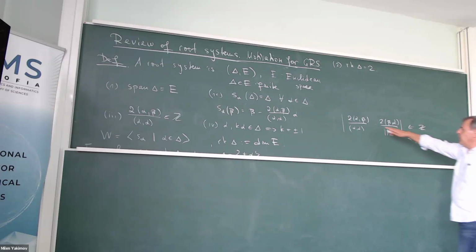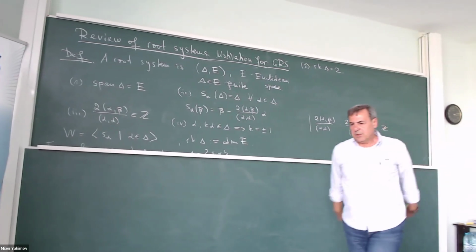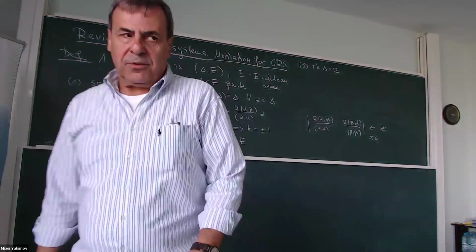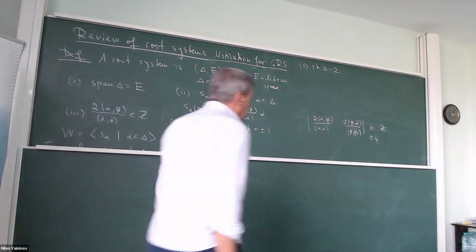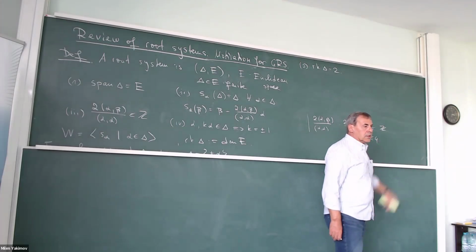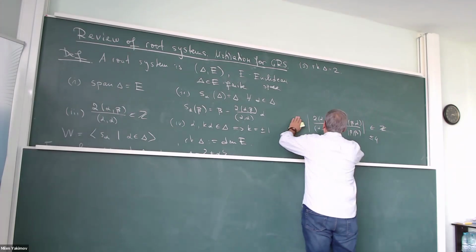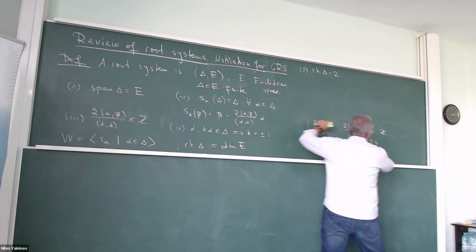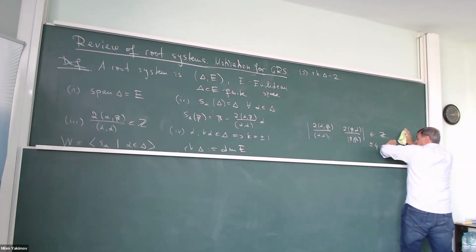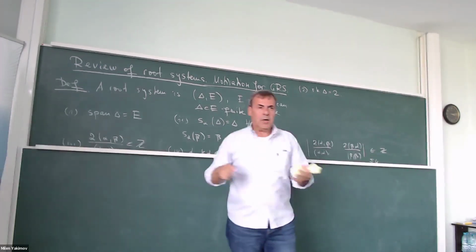Because on top I have alpha beta squared terms, in the bottom I divide by the squares of the lengths of alpha and beta. And then considering all the possible cases for this product, I arrive at 4 possible outcomes.